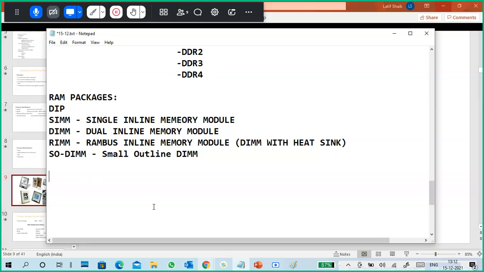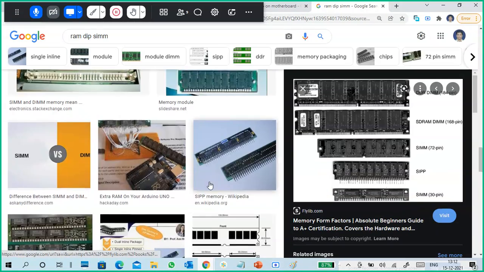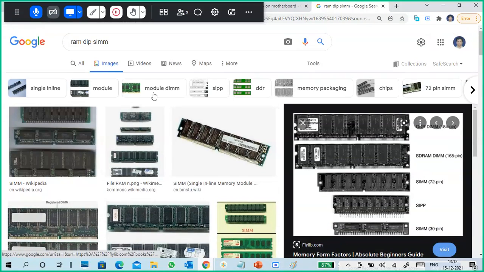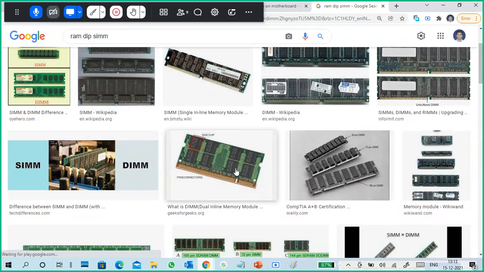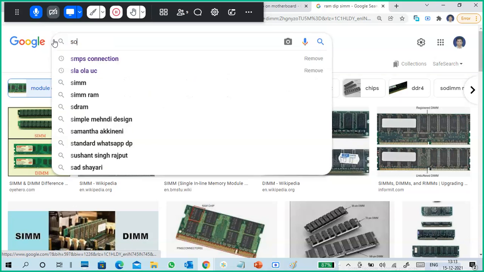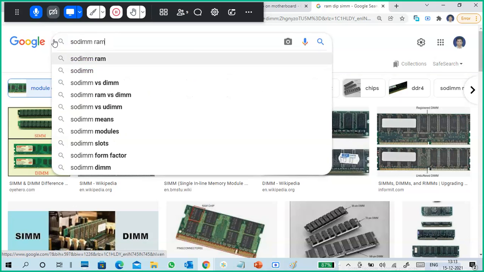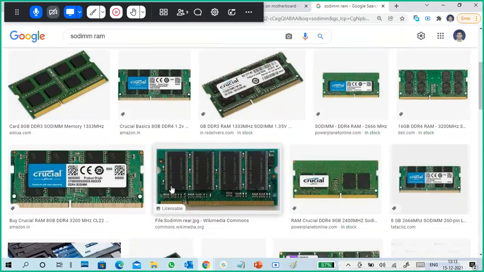So what is this SO-DIMM? Compulsory we should know what is SO-DIMM. Normally RAMs look like DIMM modules in a PC. But what are these SO-DIMM packages? Let's see. This is a small one. See, these are the SO-DIMM packages.